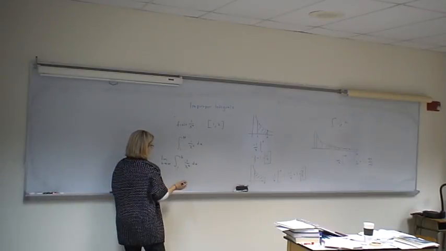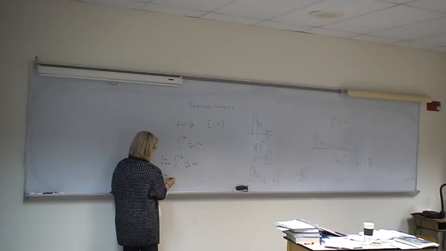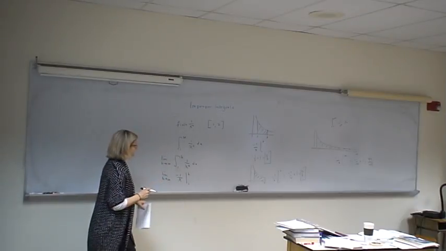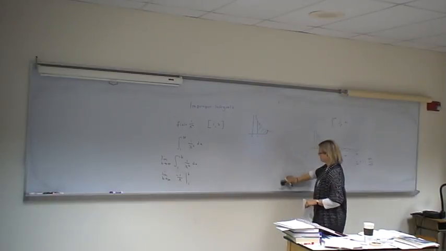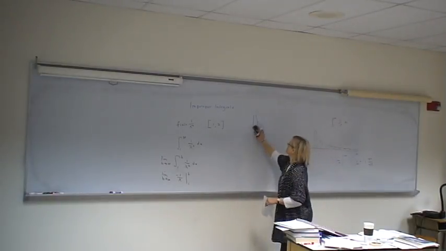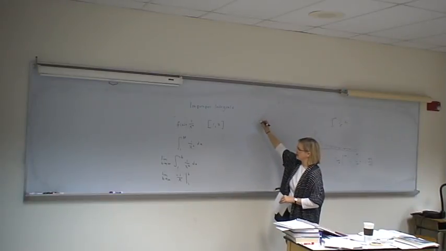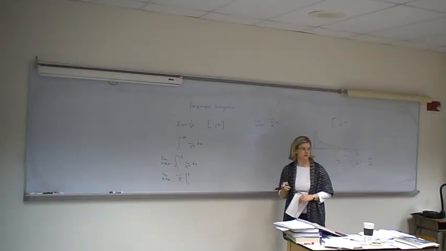And so we know that that is going to be the limit as b goes to infinity of -1/x evaluated from 1 to b. And then what happens? This is going to be the limit as b goes to infinity of -1/b plus 1, right?